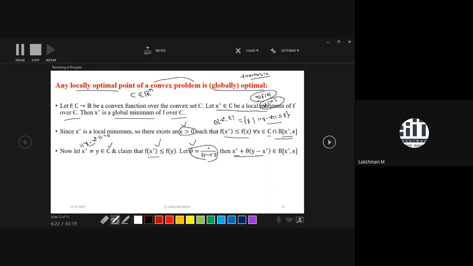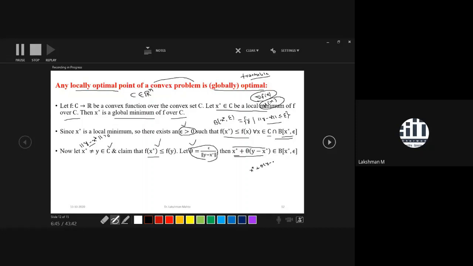If you find the distance of this new point with respect to x star, what would the distance be? You have to subtract x star from this point and find the norm.